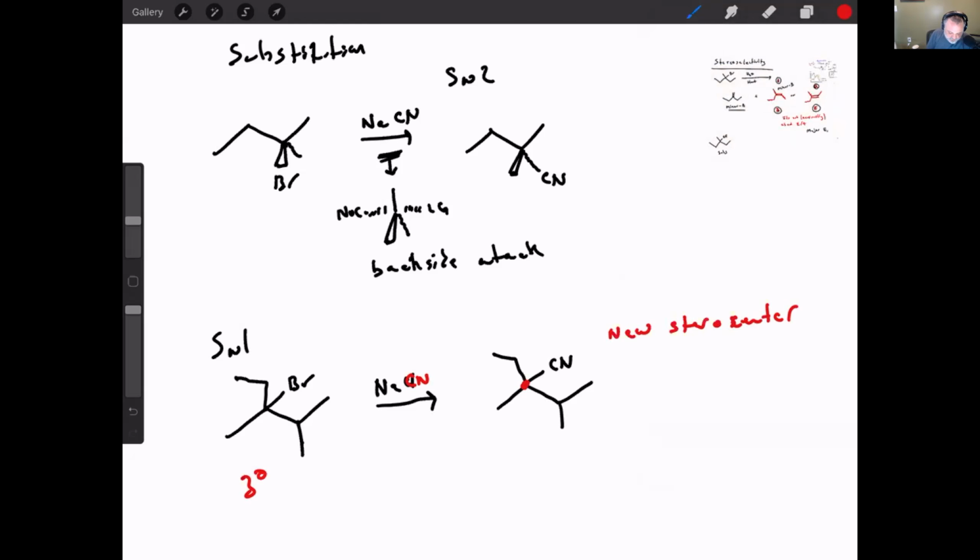This is also a stereo center, but it's unspecified. Now let's go ahead and specify it.